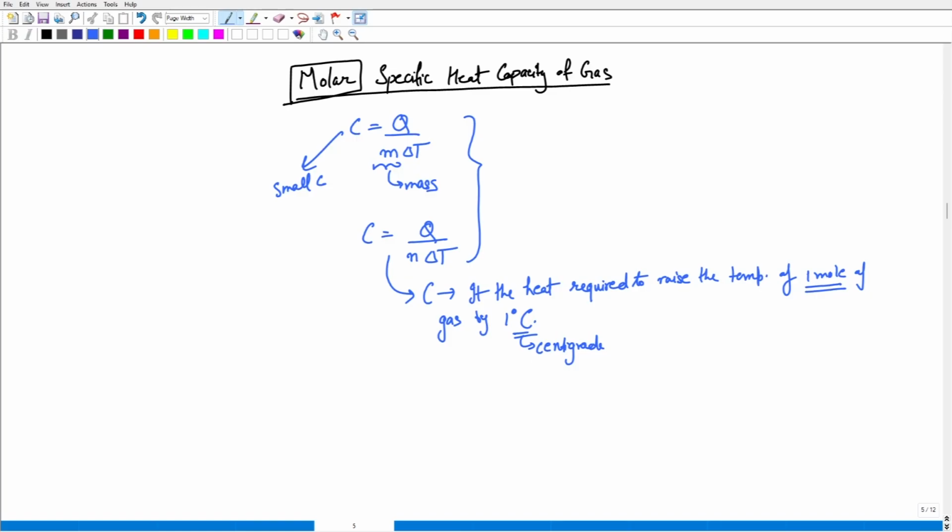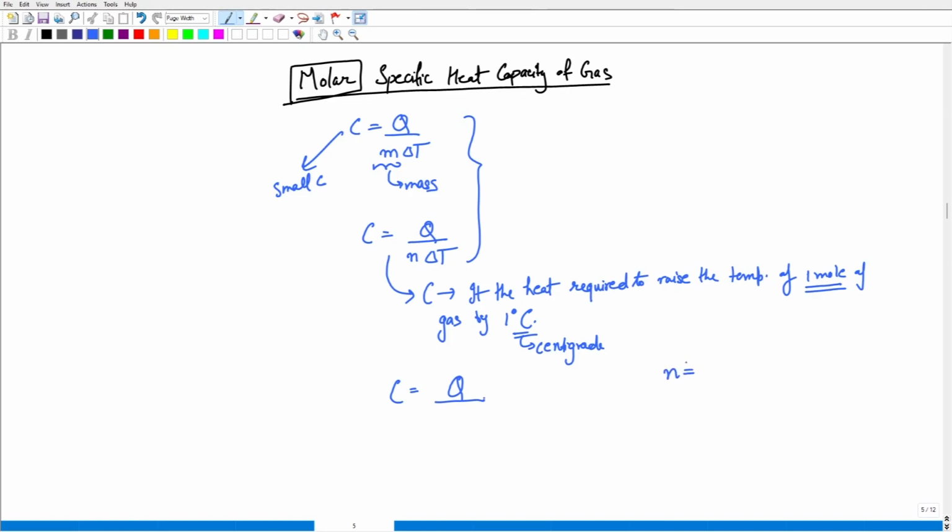So let's relate the two C's. Can I write capital C in terms of mass? I can. How is n defined?